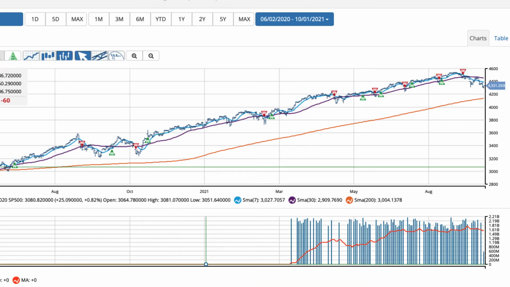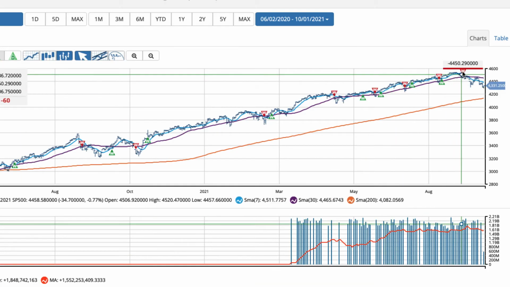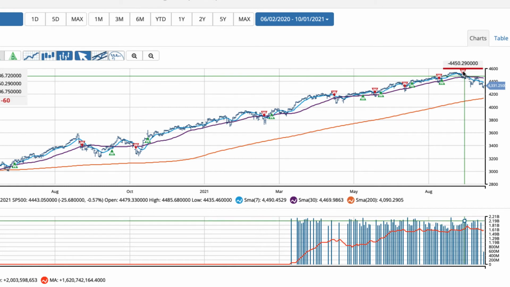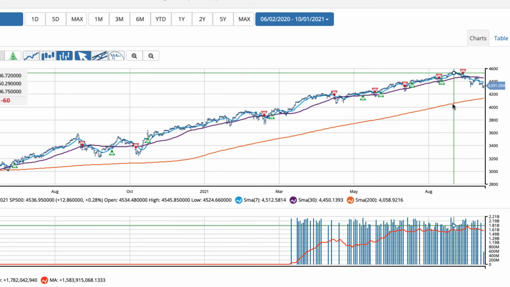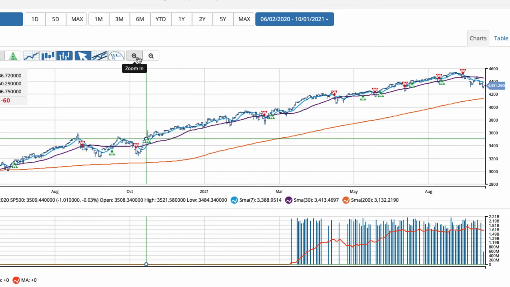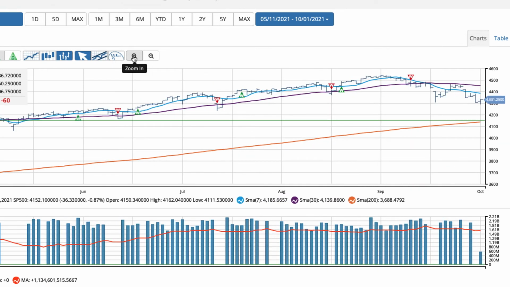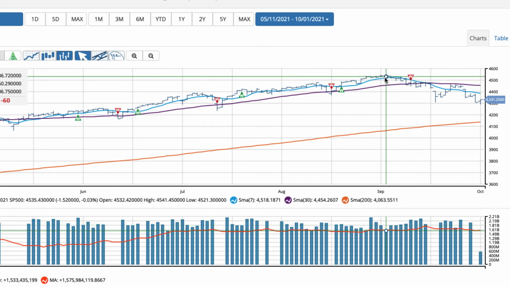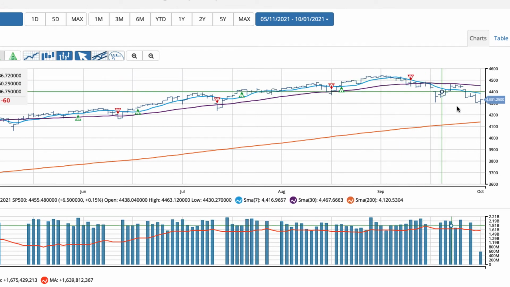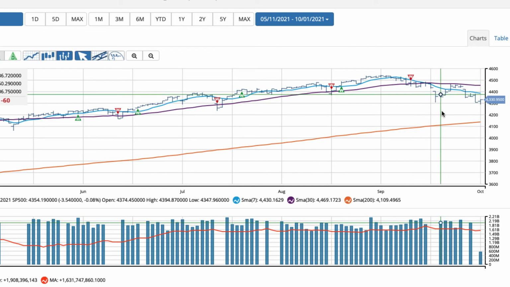It's because of MarketClub. I knew this was going to happen way back here. This red weekly triangle told me that, hey, we're in for some pressure. And if you were to zoom in on that, you can see that red weekly gets you out of the nastiest part of the down market.